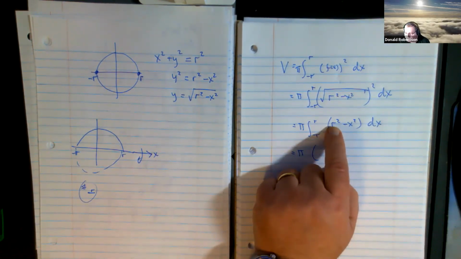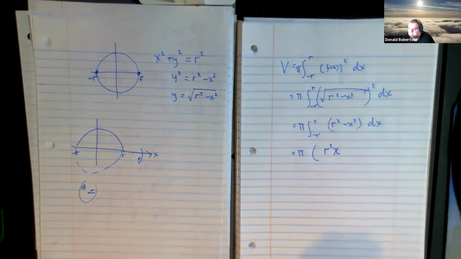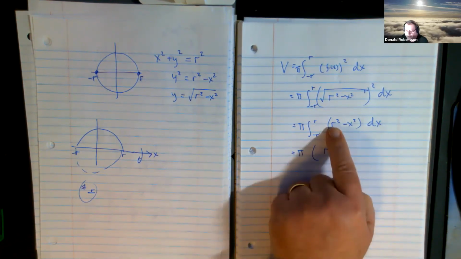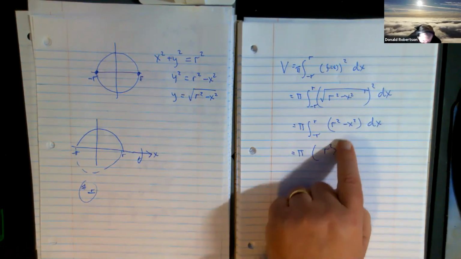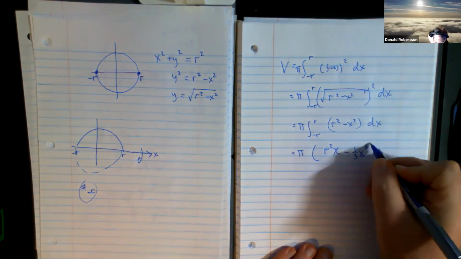R squared is a constant, right? It's like 52 squared or 3 squared. It's just a number. If you find the antiderivative of a number, don't you just get the number with an x attached? So the antiderivative of r squared is r squared x. The antiderivative of this guy is just a power rule.